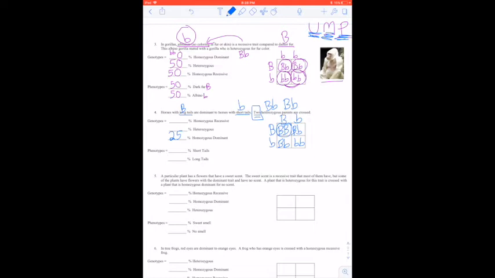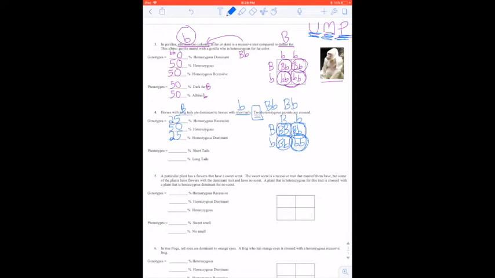Then if I look at the next box, I have a capital lowercase. Think to yourself, same or different. It's different, and I have two boxes like that that have the different genotypes. So I'm going to write 50% heterozygous. And then I'm going to get to my last box here with the lowercase. It's the same, and it's lowercase, so I'm going to write 25% homozygous recessive.